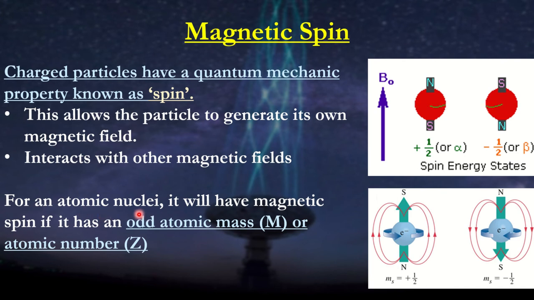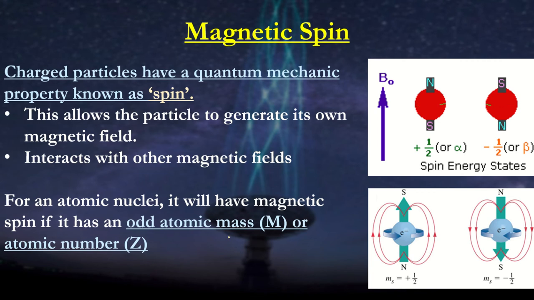So what we mean by atomic nuclei, it's the atomic nucleus of an atom, so the protons and neutrons added together. And in order to have spin for atomic nuclei, you need to have either an odd number of atomic mass or an odd number of atomic numbers.